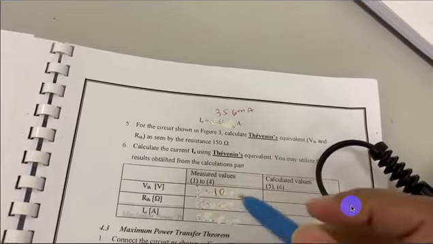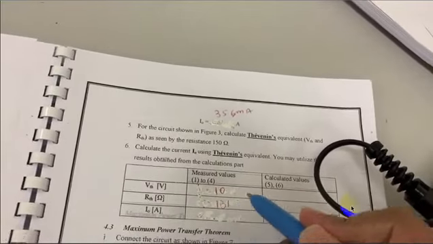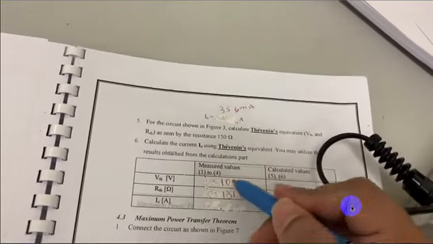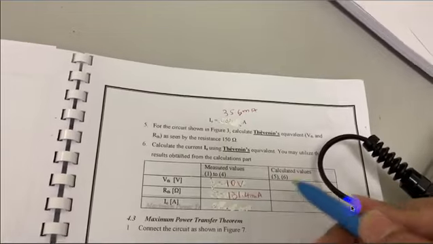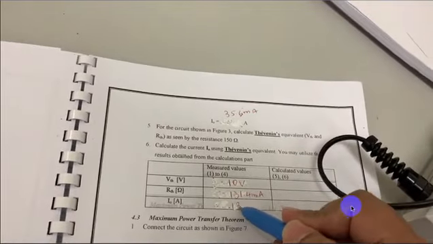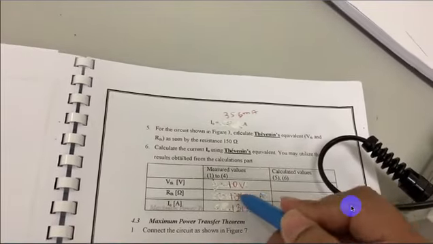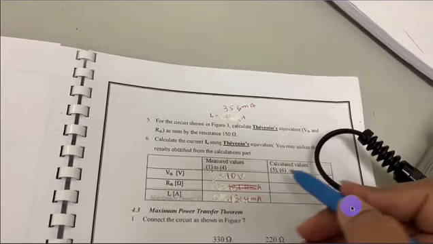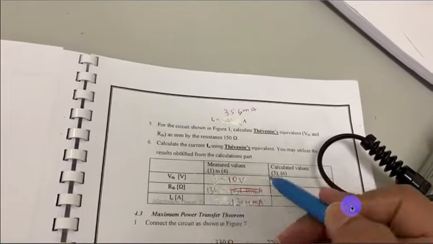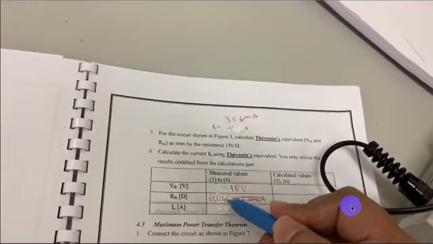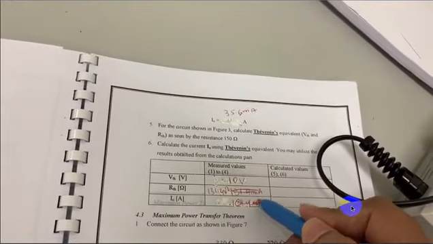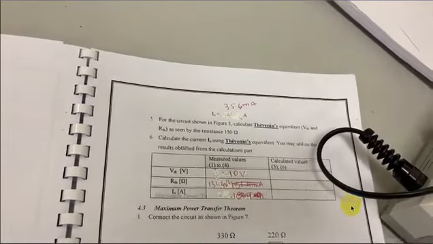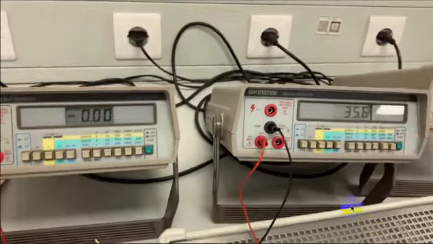Just fill the box. 10 volt, 131.4 ohm, not milliampere, and I naught is 35.6 milliampere.